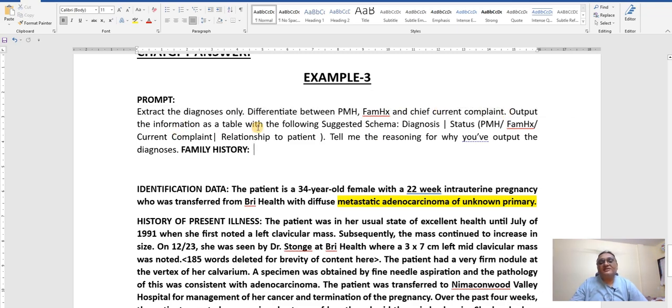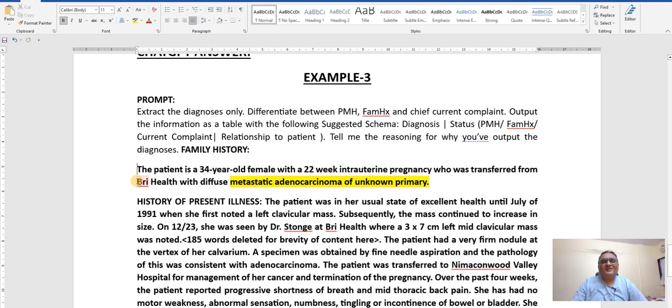Output the information as a table with the following suggested schema: diagnosis, status, and relationship to patient. Tell me the reasoning why you have output that particular diagnosis. And then this is the family history.